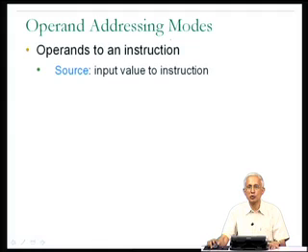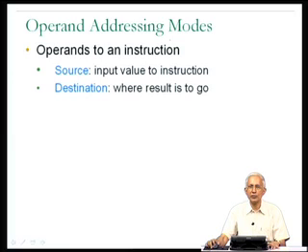It's going to have its source operands, which are the input values to the instruction. The technical term for the input values is source operands. And then there's going to be another operand, which is the place or the destination of the result of the add, and that would be referred to as a destination operand. So your typical add instruction may have two source operands and one destination operand.